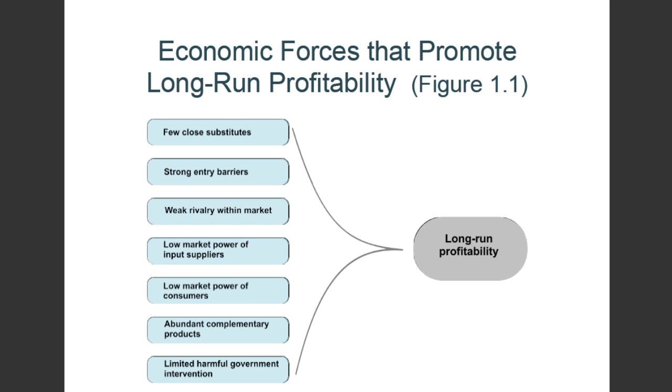When there are not many suppliers, when consumers have little market power, when there's an abundance of complementary products and limited harmful government intervention. So these are really variants from the perfect competition case, and each factor contributes to long-run profitability.